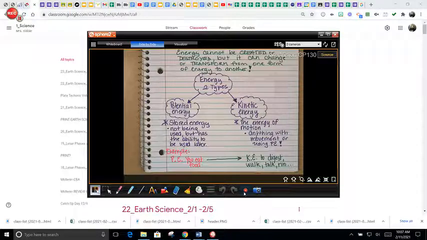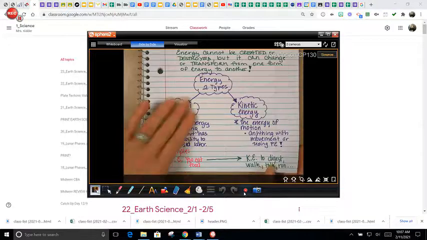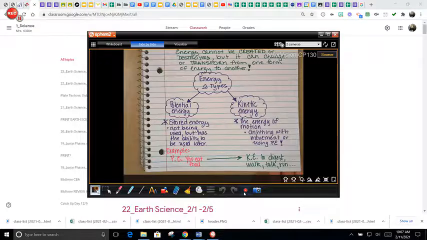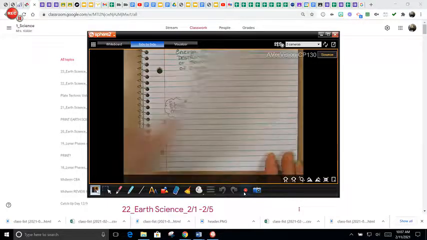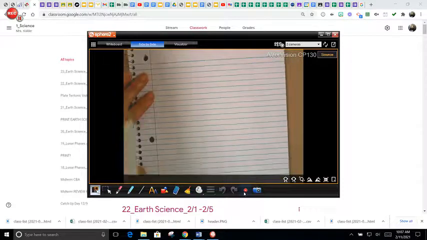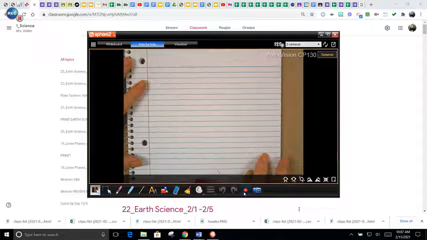We are going to go into a little bit more depth on potential energy or stored energy, because there are different things you might hear when we refer to potential energy. So we want to make sure that we were all understanding the information. So we are going to further subdivide potential energy, or that stored energy.